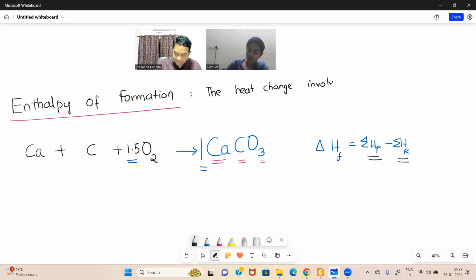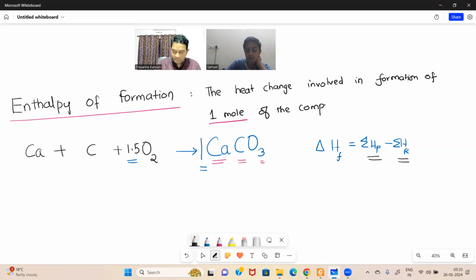So the enthalpy of formation is the heat change involved in the formation of 1 mole of the compound from its constituent elements.